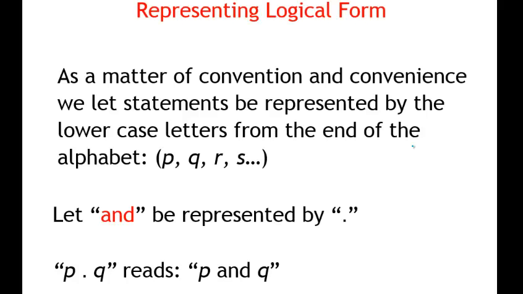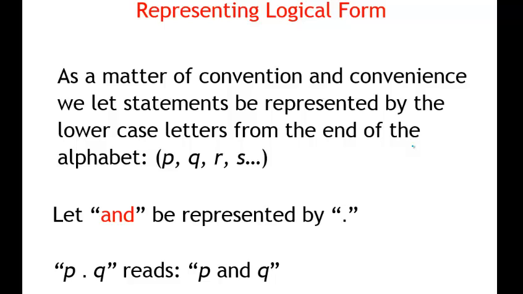We'll move on. So let's talk about AND in more detail then. What we're going to do now is define AND in terms of the truth tabular representation that we've started looking at. As a matter of convention and convenience, let each of the declarative sentences be represented by lowercase letters from the end of the alphabet, so P, Q, R, S, and so on.